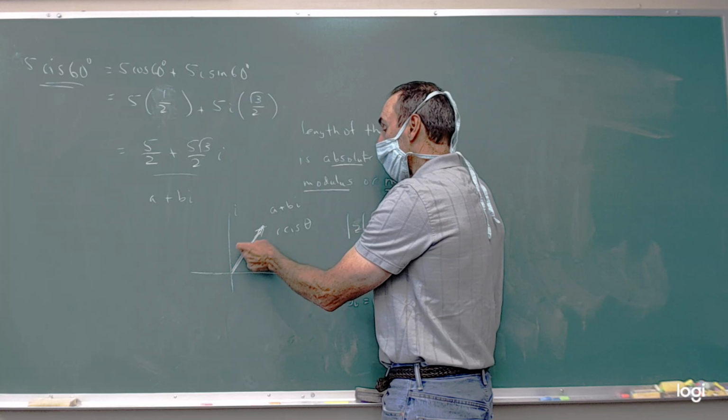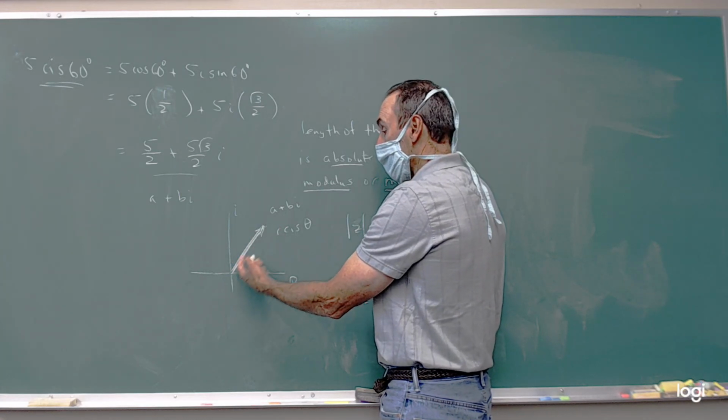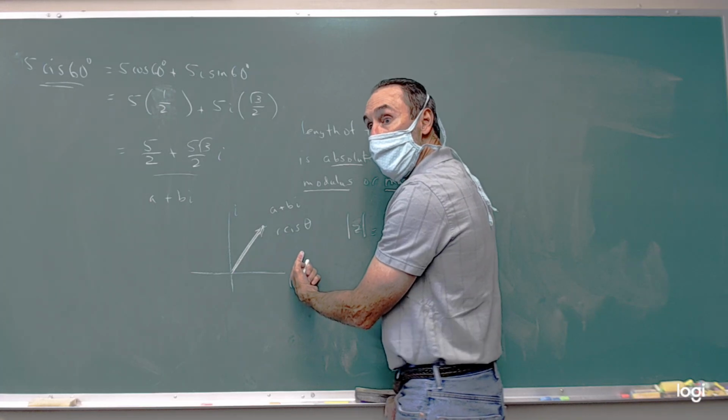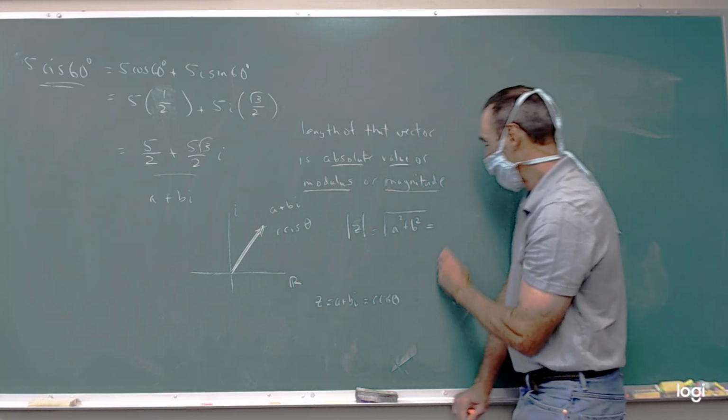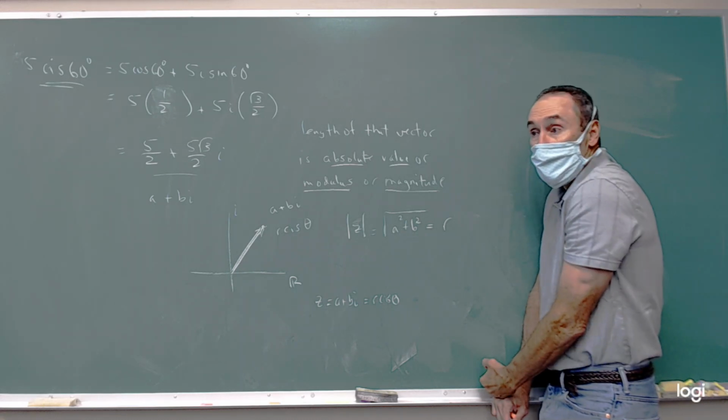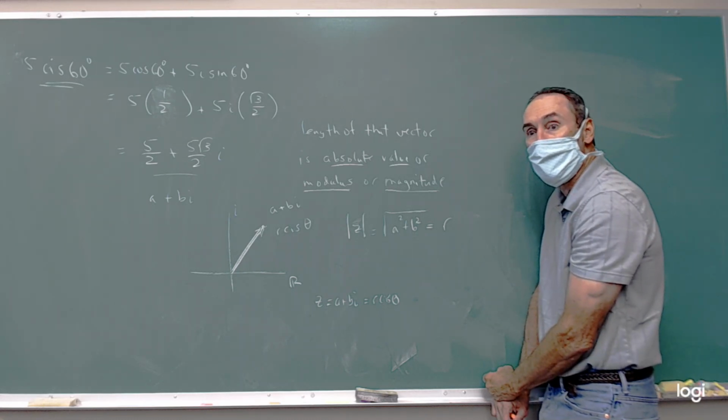That's this length, the distance from the pole, which is what we've also called r. Right? So it's magnitude, or the absolute value, or that's the r in r cis theta.